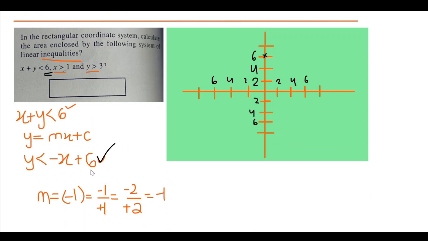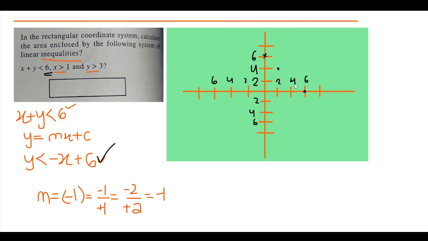And all I have to do is, since there's a negative slope, I can drop down the negative rise and then the positive 2 run. It's going to be this point over here. I can go further down negative 2 and a positive 2 run over here, and further down again.